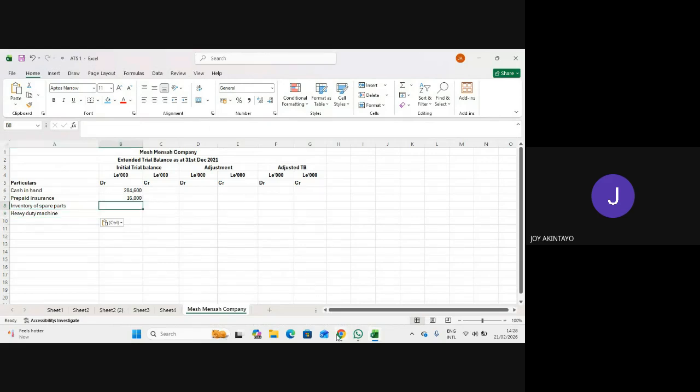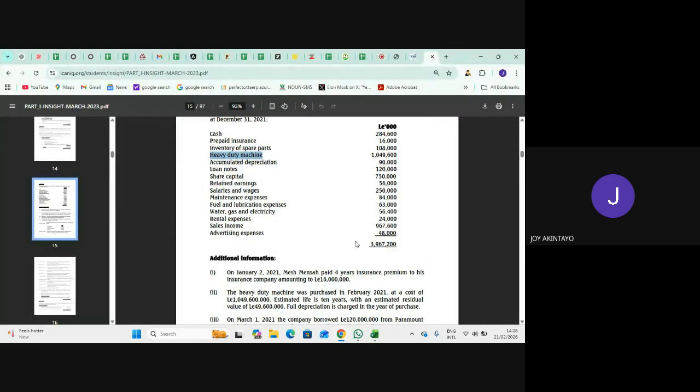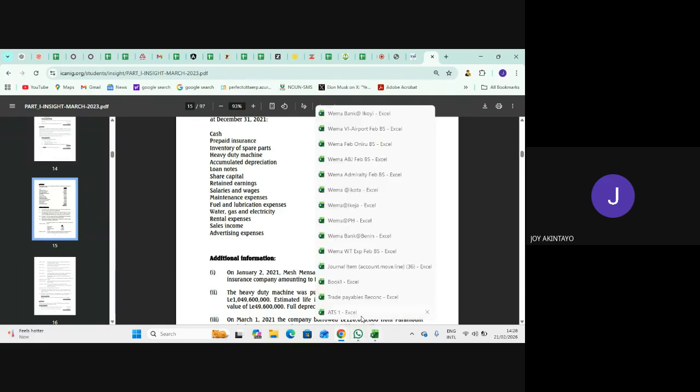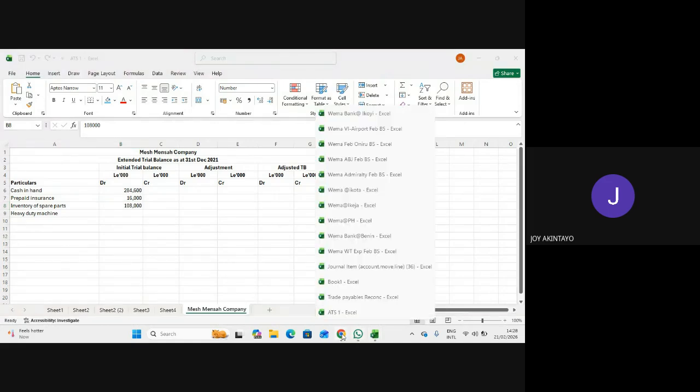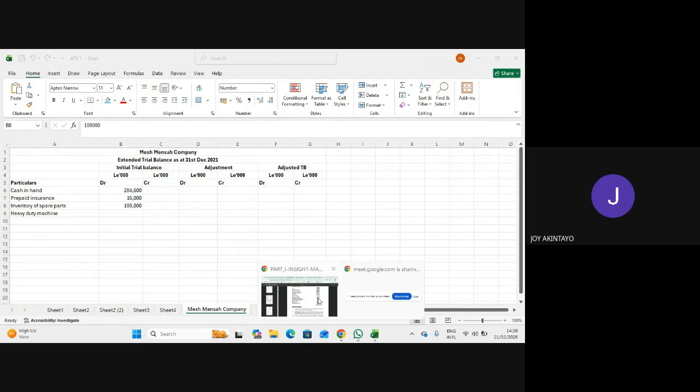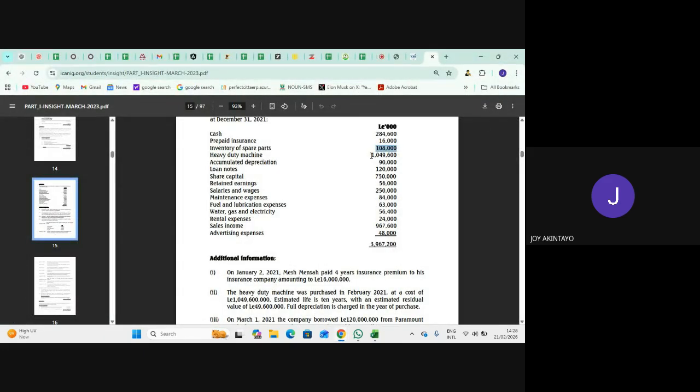Inventory spare parts, how much? So this is 1 million.